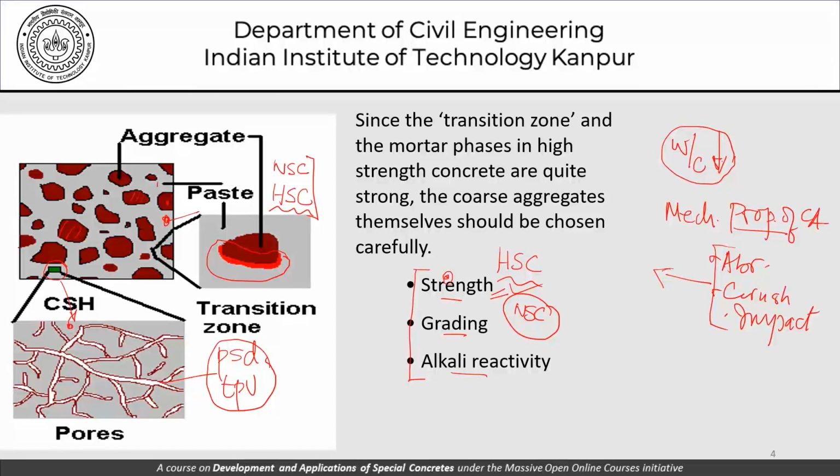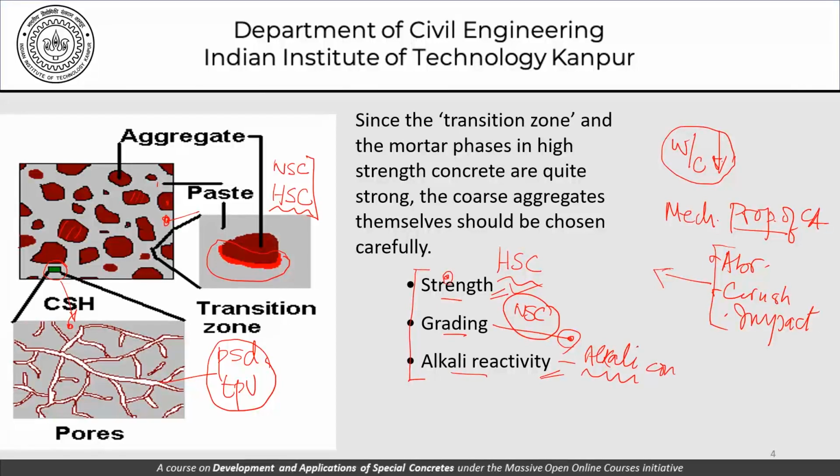The second part of the discussion is the grading. Because we are talking of high strength concrete, the grading of aggregates becomes a lot more important than it is in normal strength concrete. And similarly for alkali reactivity, because we are using a lot of cement, we have increased the alkali content.